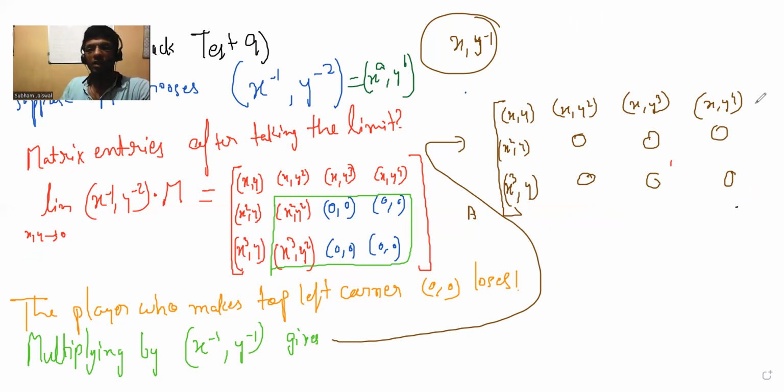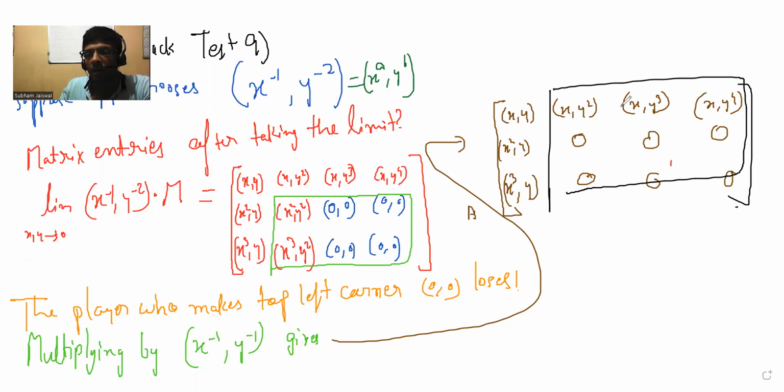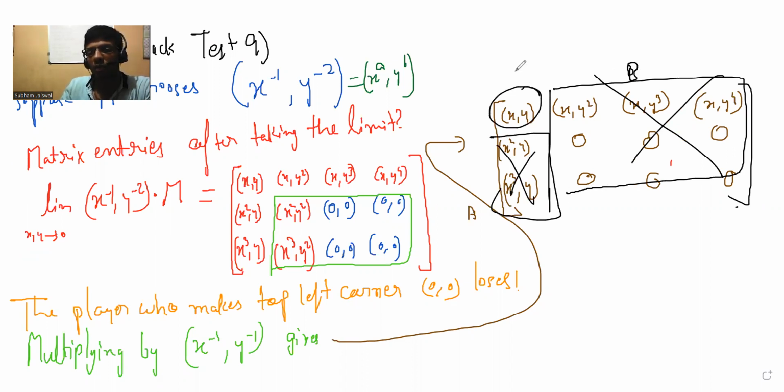Yeah, so your thing also doesn't seem to work, right? Why? If B removes everything here, then A will remove everything here, and then B has to remove this. So in that case, A is winning.